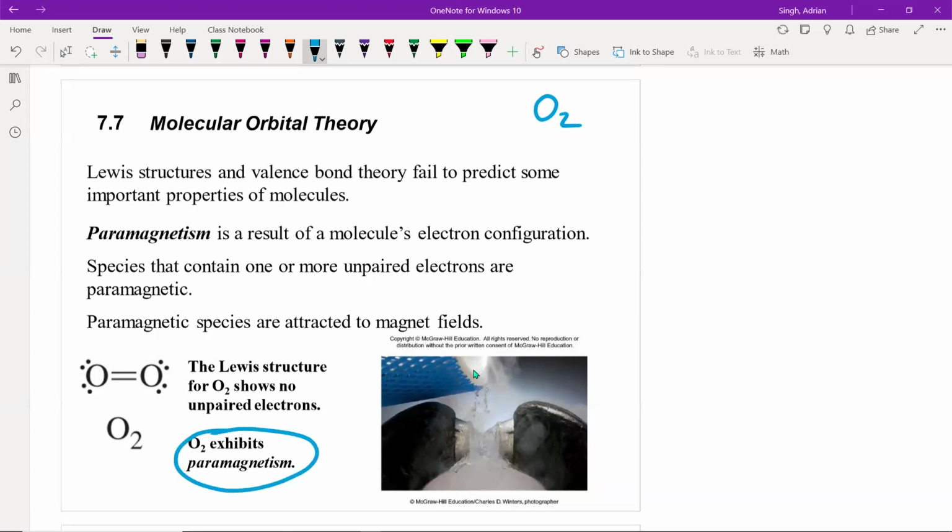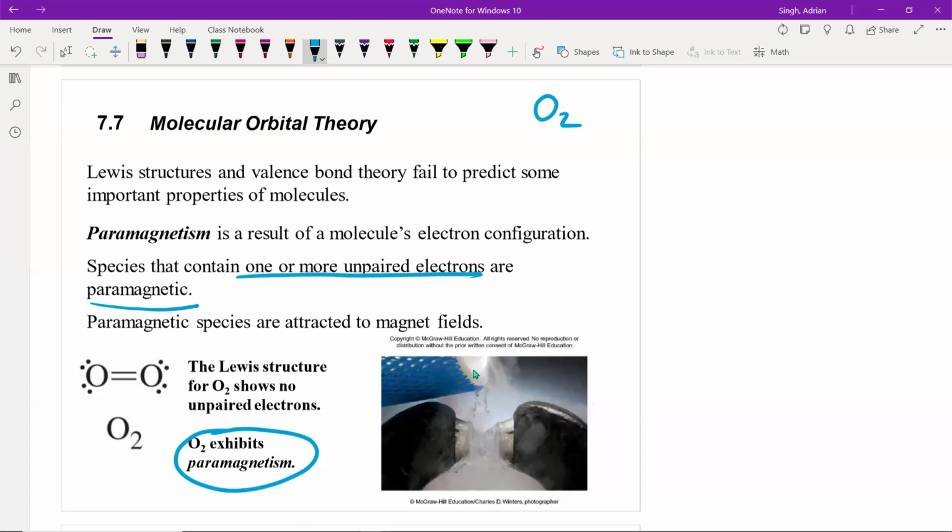So this is what has been observed due to scientists doing experiments. Diatomic oxygen does exhibit this property, and if you remember, paramagnetism means that there's at least one or more unpaired electrons in that species.